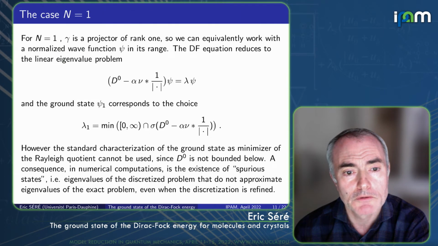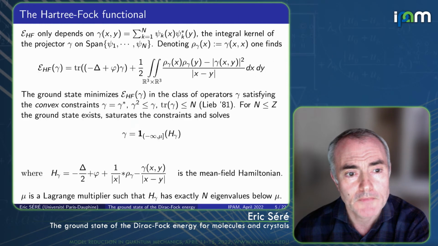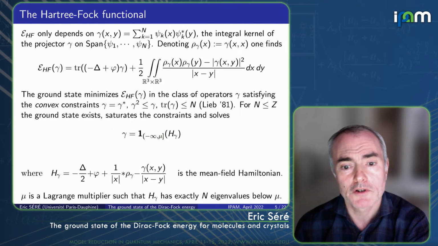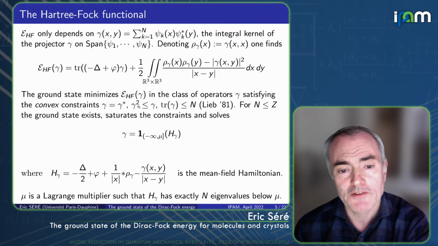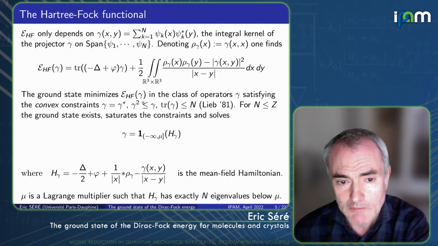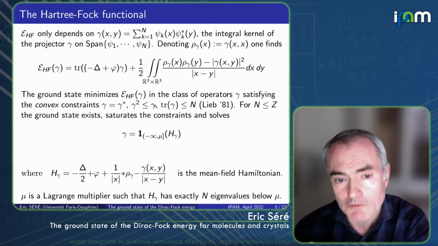So I remind you what Lieb's principle is. It is for non-relativistic Hartree-Fock: you relax the condition that gamma should be a projector of rank n, and instead you take it in a convex set. Gamma square less or equal to gamma. Okay, and then you hope that the minimizer will saturate the constraint.